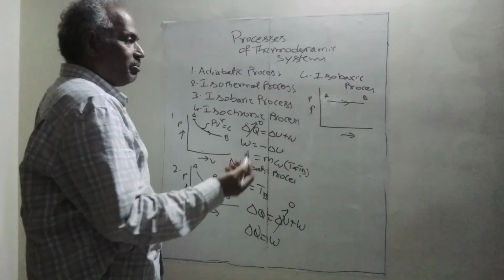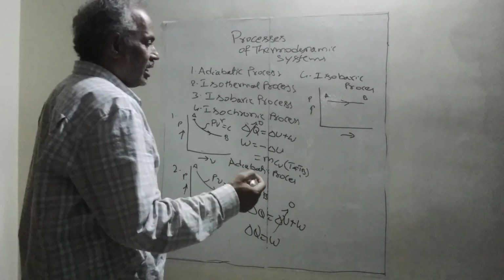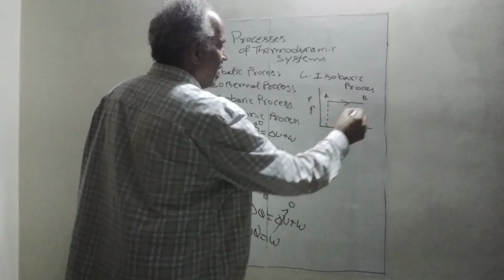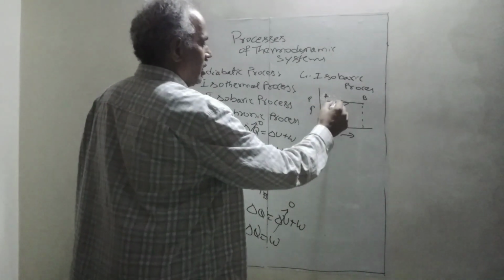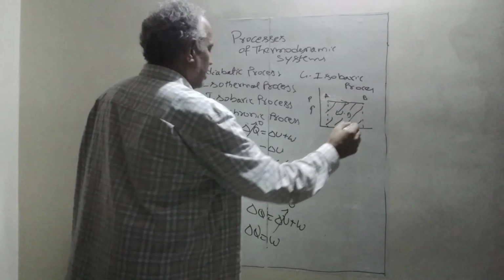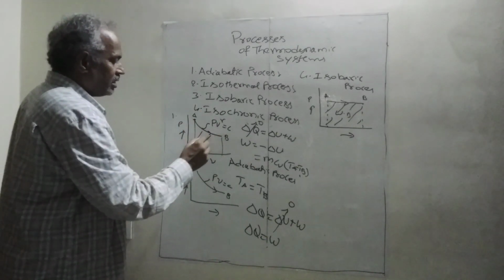There will be heat exchange between the system, work will be interacting with the system, and there is also a change in internal energy. But the work done will be given as the area under the curve AB. This is the work done. In all other cases also, the area under the PV curve gives the net work done on the system.